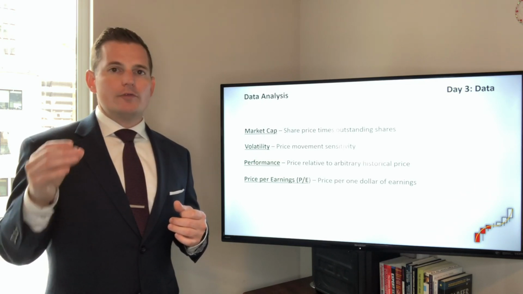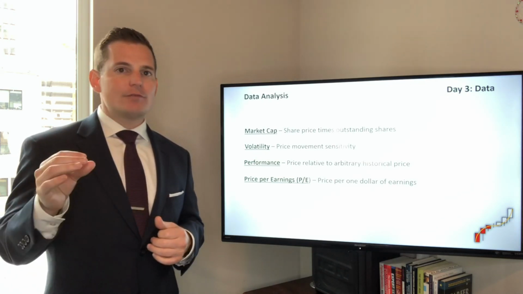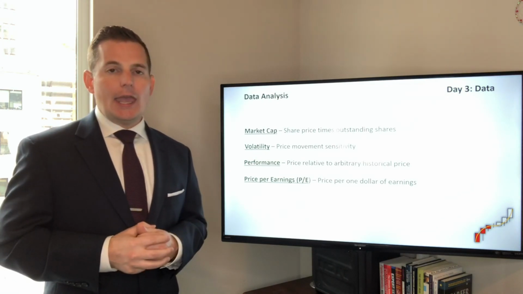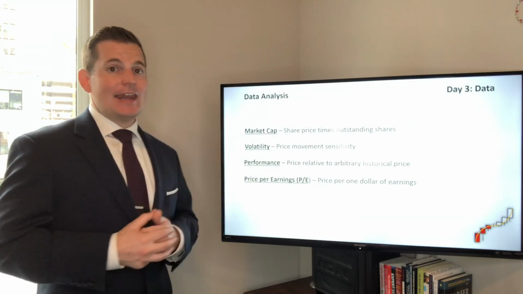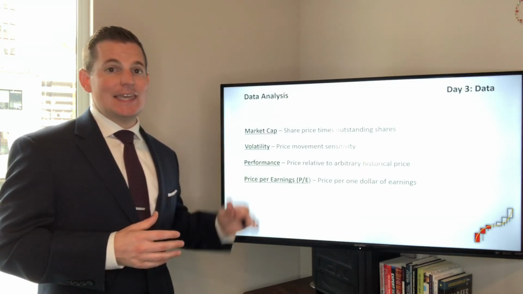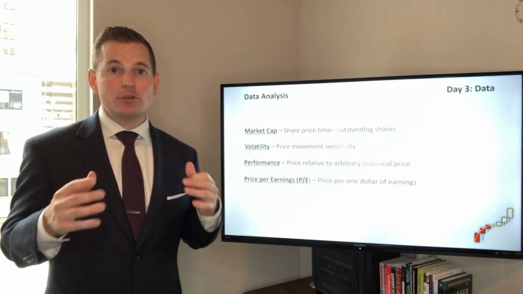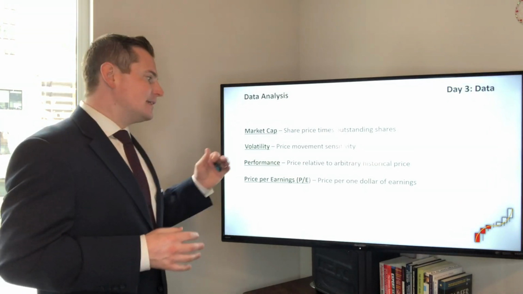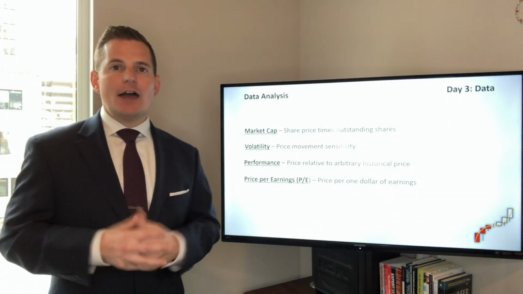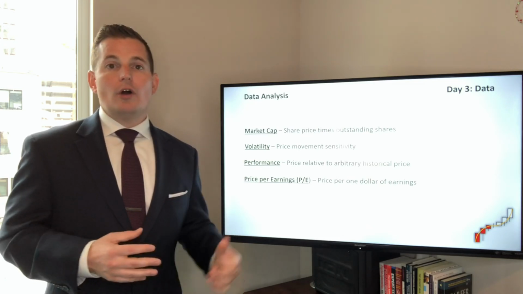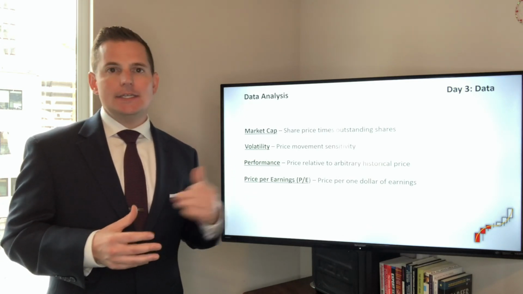So if you remember from yesterday, we talked about the average true range, and we can pull that up as an indicator, and we can see the fluctuations in the average true range. But basically, a high volatility stock will have a higher ATR.